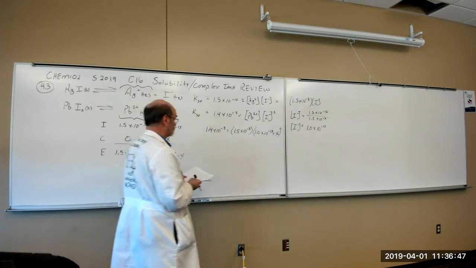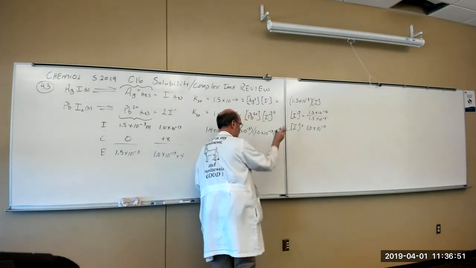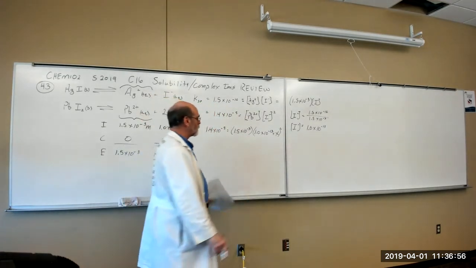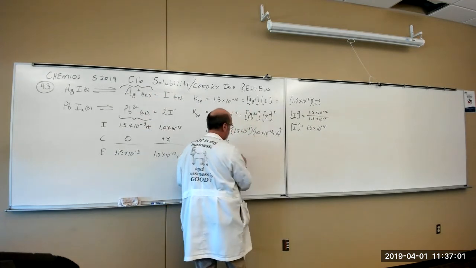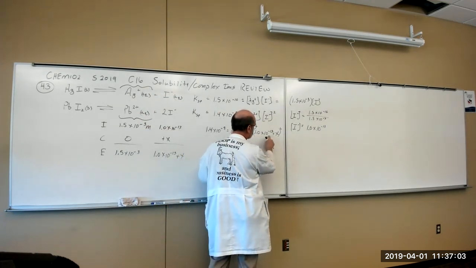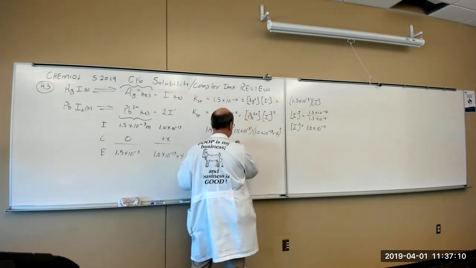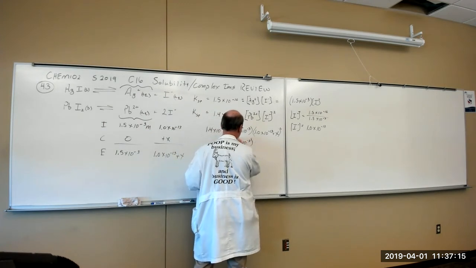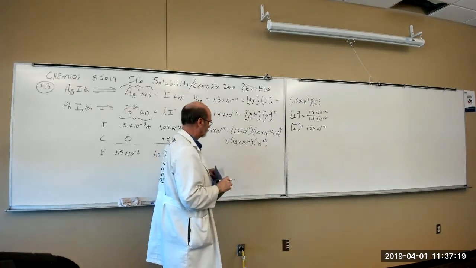In this case, we don't want to say that we can throw X out, because if we throw X out, we've got nothing to solve for, right? So we want to say that the approximation is that this is so small that it has virtually no influence on X. So that's what we're going for.